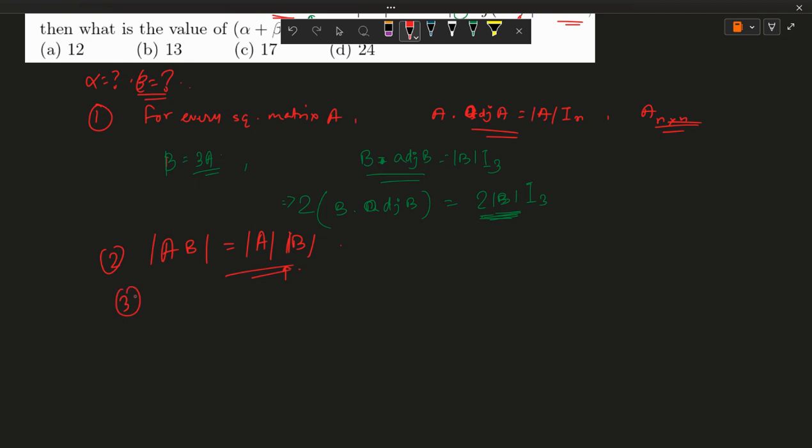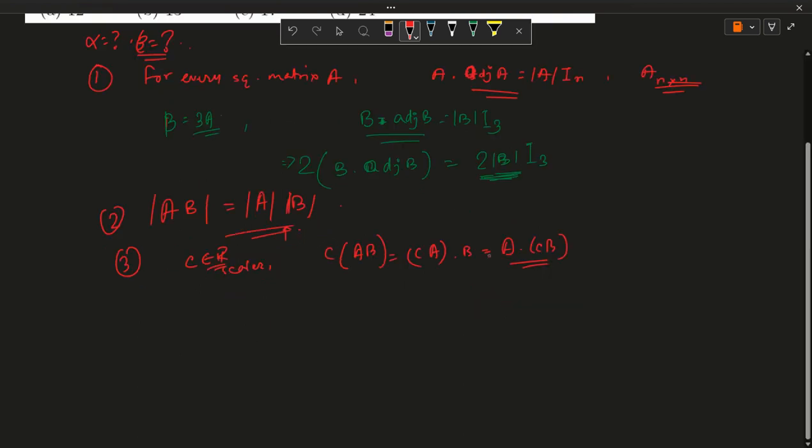Also, one more formula we use here is: suppose C is a scalar, then C into AB can be written as CA into B, or it can be written as A into CB. So we use this thing here.